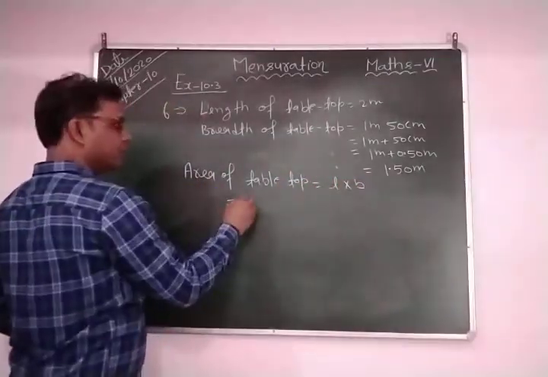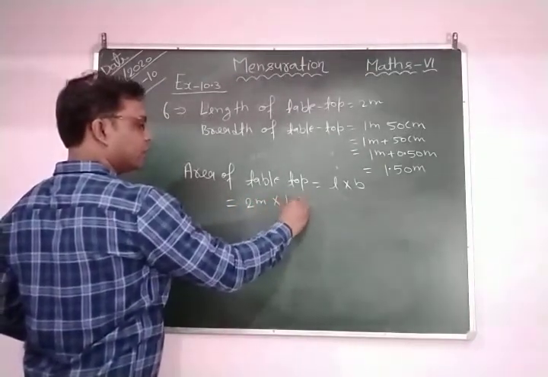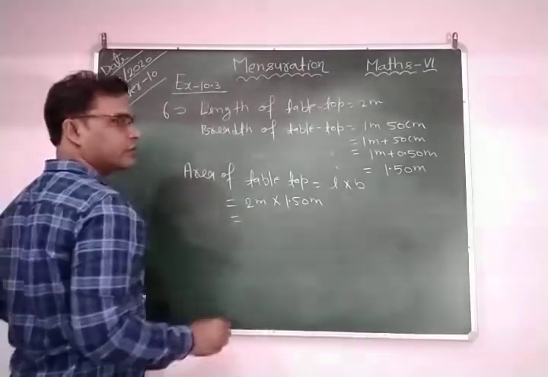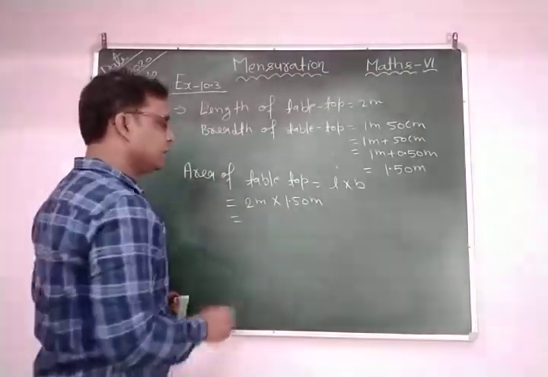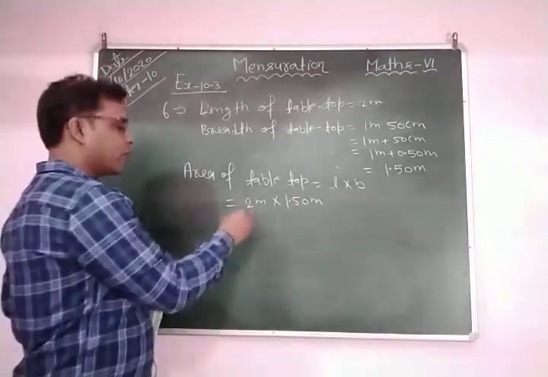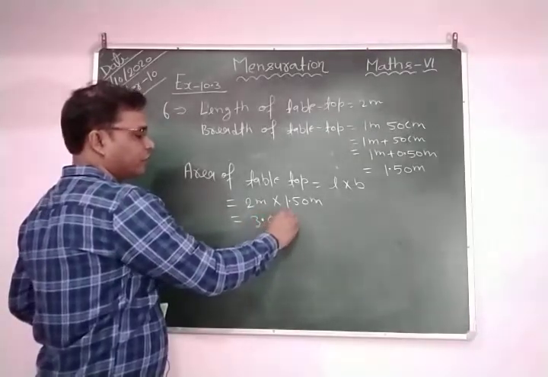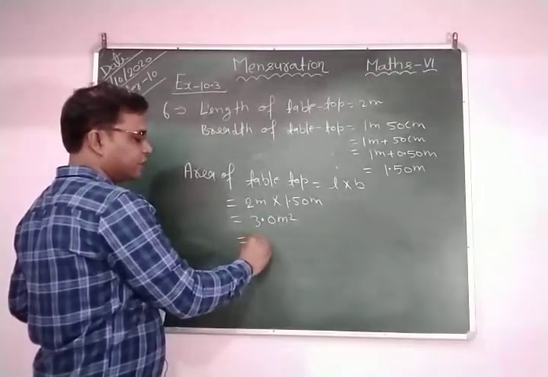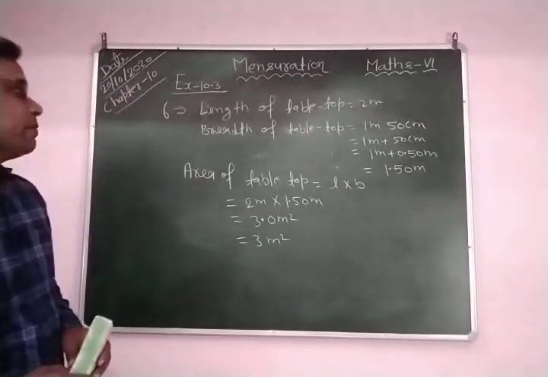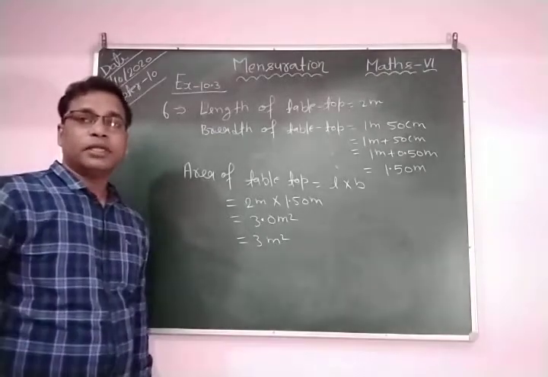Length is 2 meter and the breadth is 1.50 meters. If you multiply 2 into 1.5, then we obtain 3.0 meter square, or simply you can write 3 meter square.